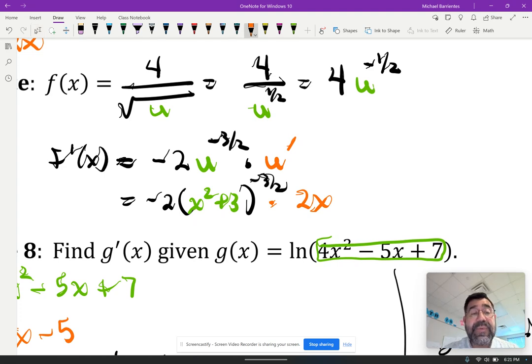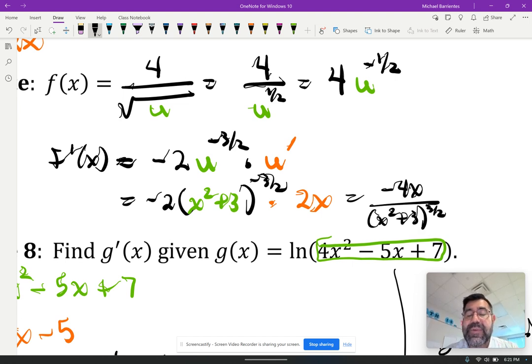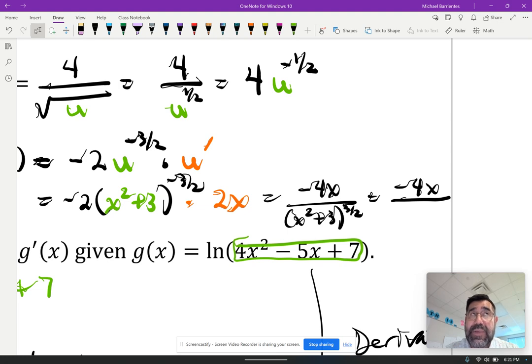I see a negative exponent. We need to flip it over. I also have 2x times negative 2, so that's going to leave me with negative 4x over, and then all of this other stuff will move to the bottom and become positive exponent. So you could leave it like this, or you can say whenever I have an exponent that's a fraction, I can rewrite it as a radical.